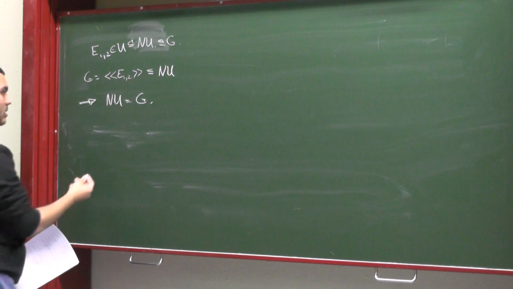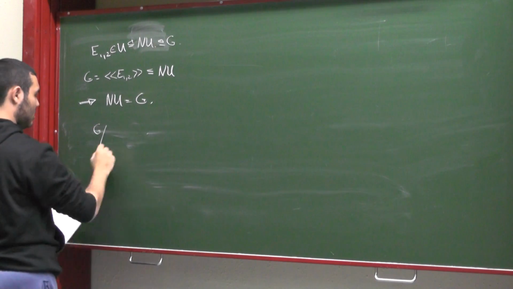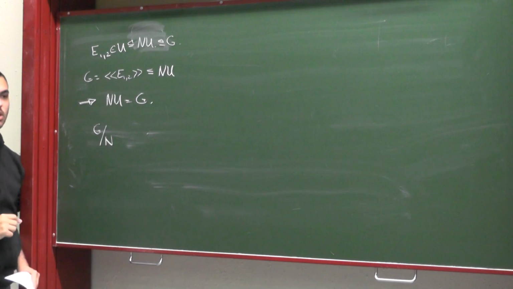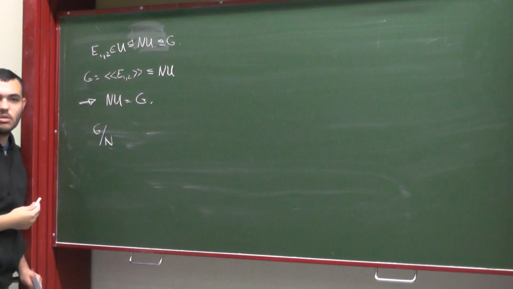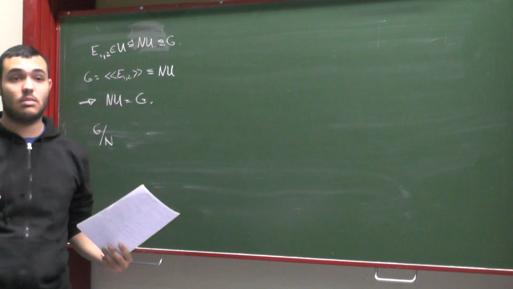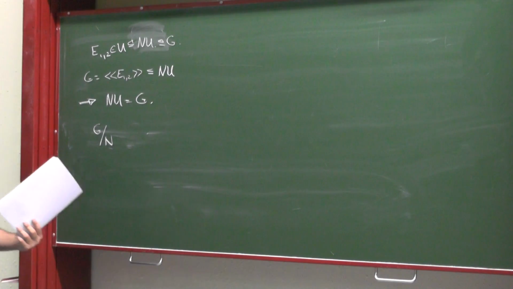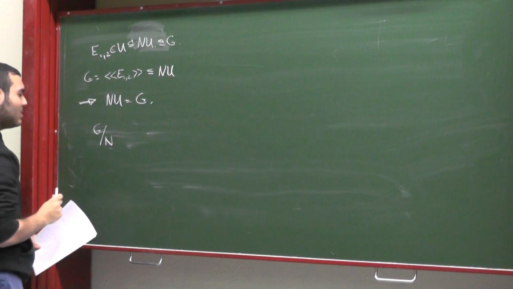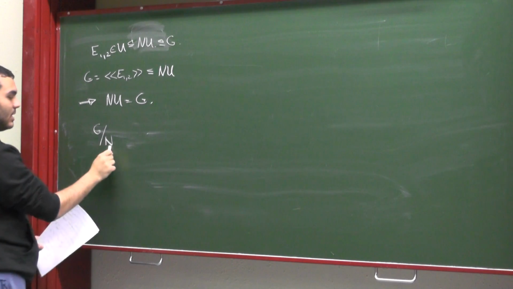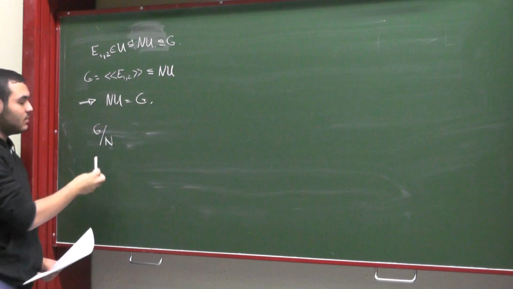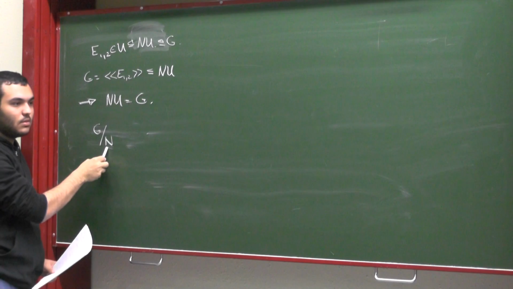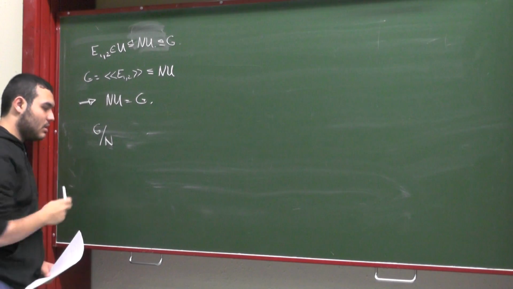Now what? Let's take a look at G mod N. N is our normal subgroup. Yes. No, sorry, you made a remark. Sorry. So we have N, which is our normal subgroup, and look at G mod N. I want to show that in the end it's trivial.